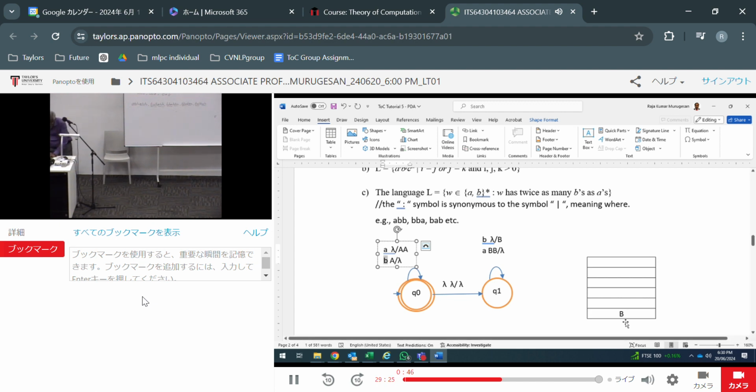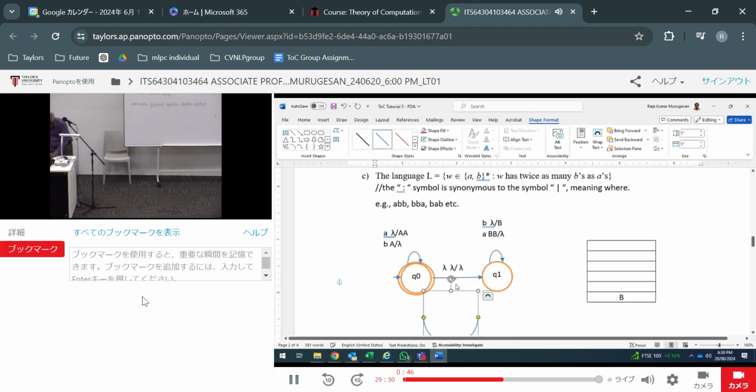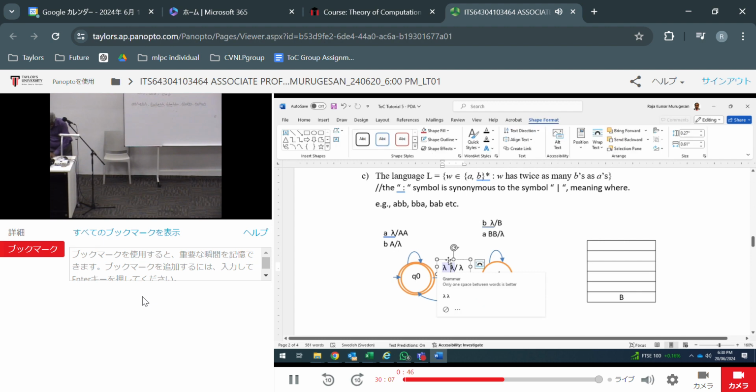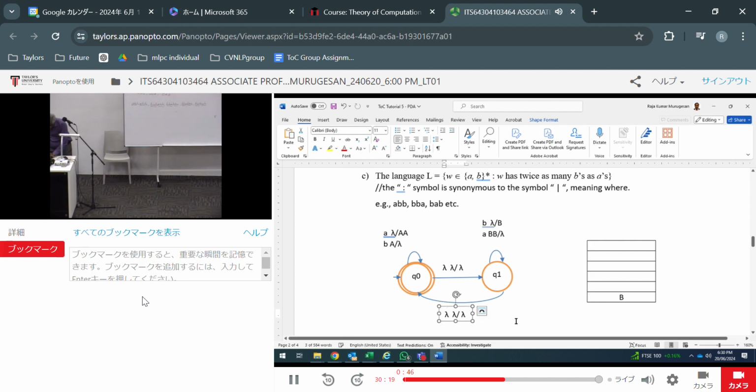So what I'm going to do is transit from Q1 to Q0 to process A. I'm going to say if the input is A, replace B with A.